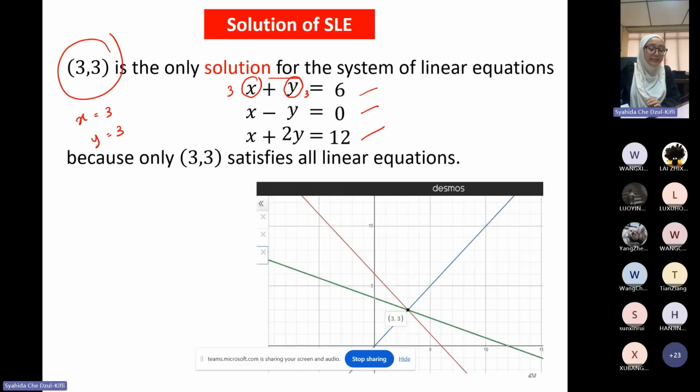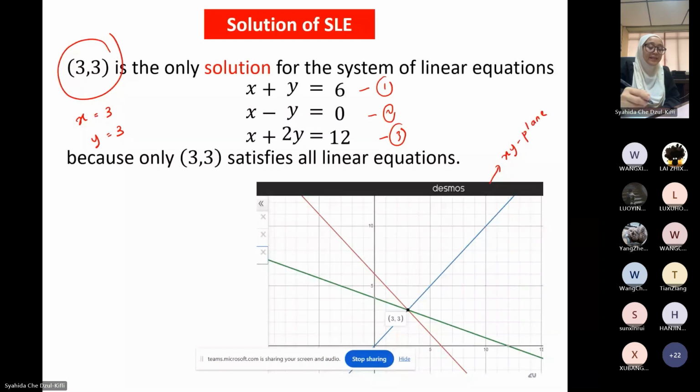Geometrically, if we draw all of these linear equations 1, 2, and 3, we are going to have 3 lines in the xy plane. This is the xy plane, because it is 2-dimensional, as the number of variables is 2.